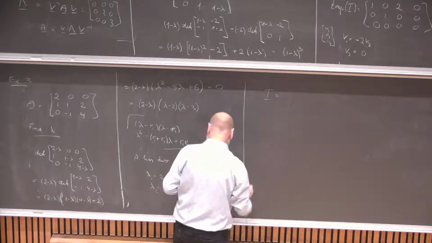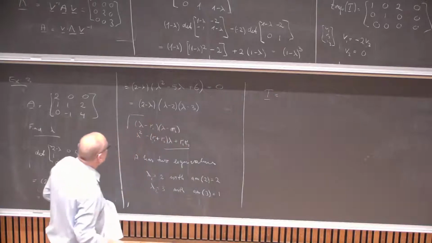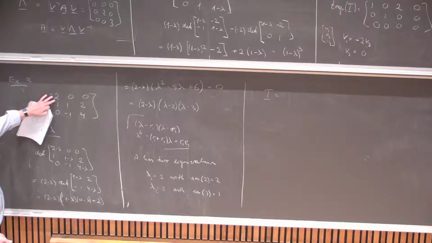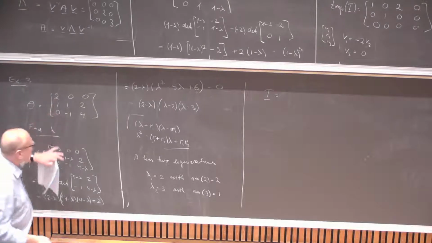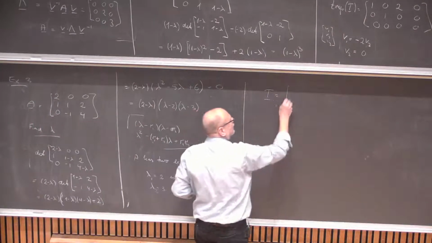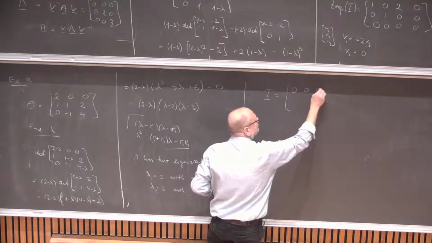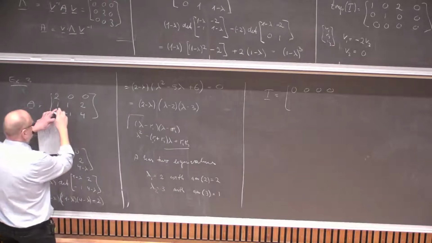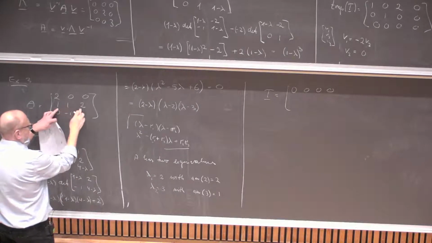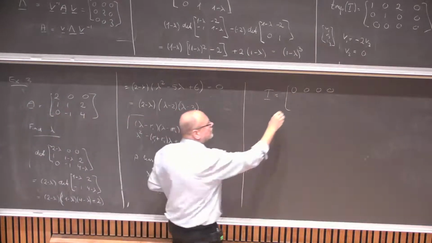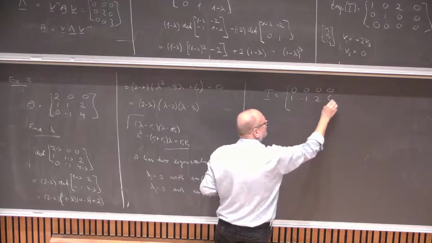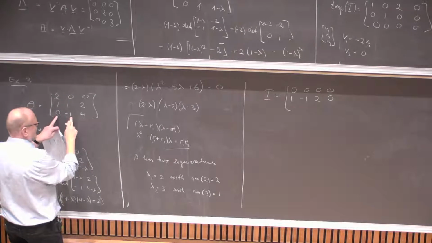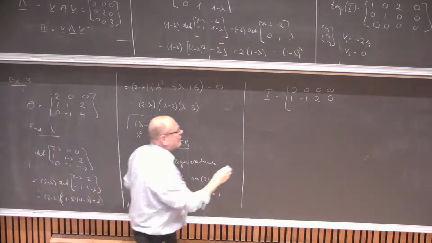Again, we take the augmented matrix. So I subtract 2 from the diagonal, then I get a row of all zeros. And then I get 1, minus 1, 2, and 0. And then 0, minus 1, 2, and 0.